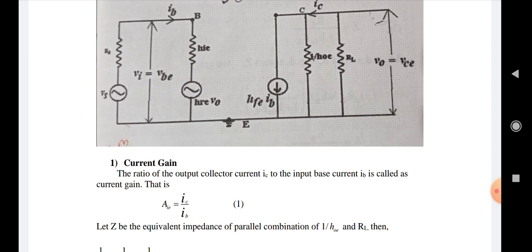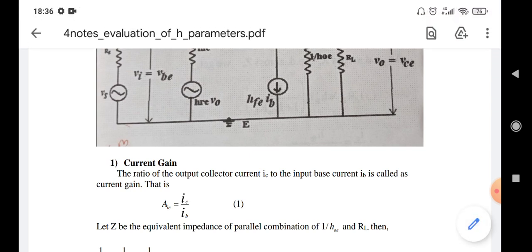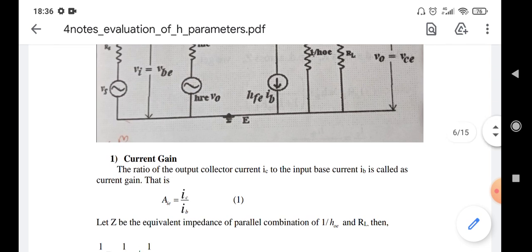So the current gain is the ratio of output collector current to input base current, means AIE is equal to IC upon IB. This is called the current gain, equation number 1.